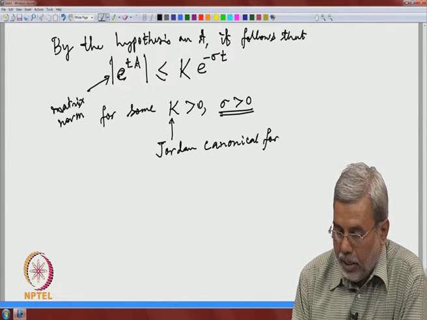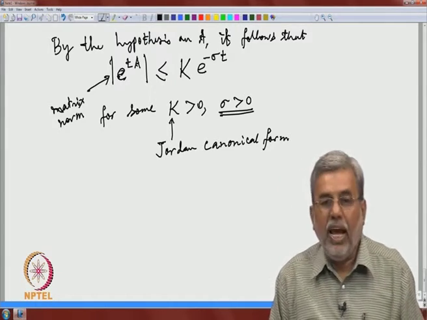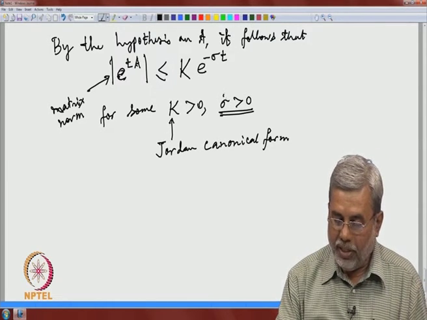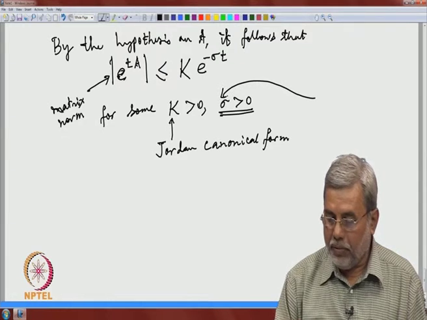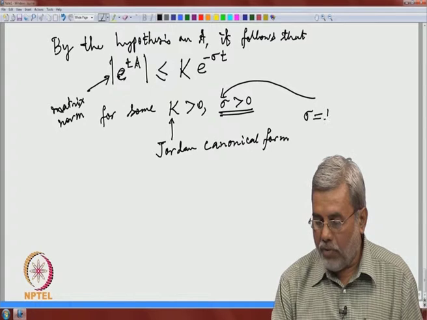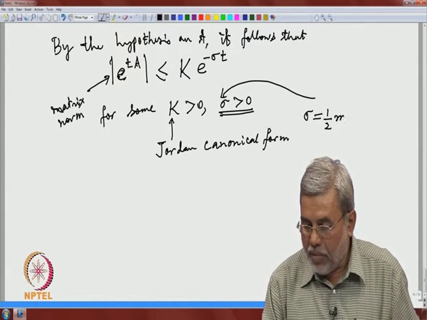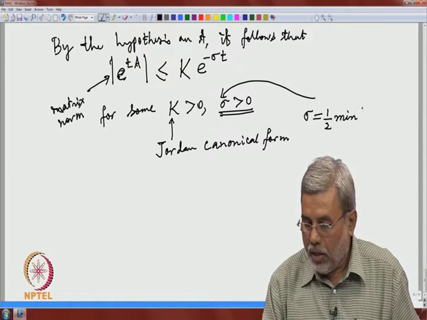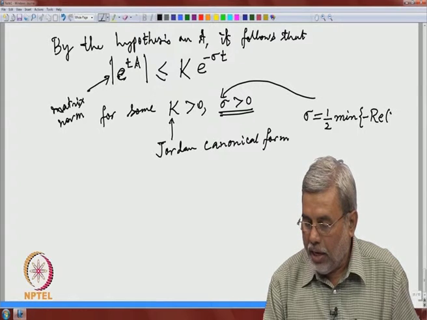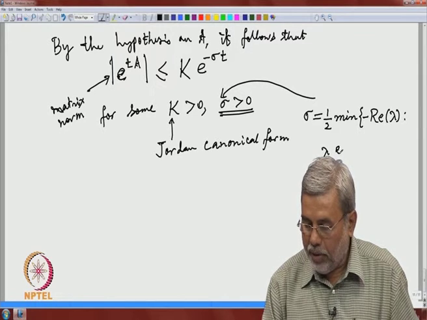When we use the Jordan canonical form of A, this constant k is produced, and sigma comes from the eigenvalues. So, sigma is essentially, half you can put any fraction there, the minimum of minus the real part of lambda, the eigenvalue.